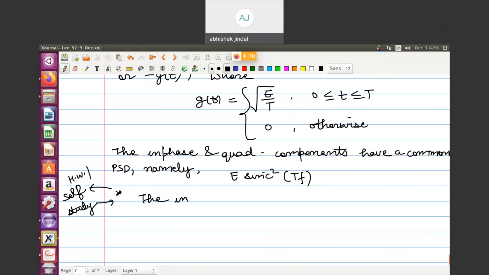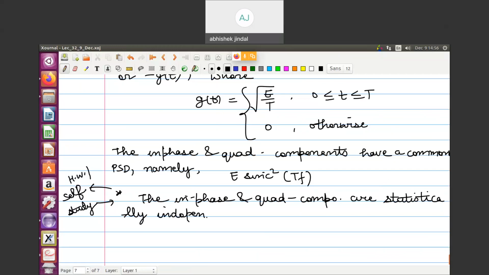So the in phase and quadrature components are statistically independent. So PSD is equal to the sum of PSDs on each of them.